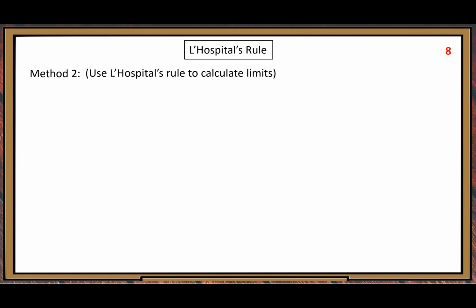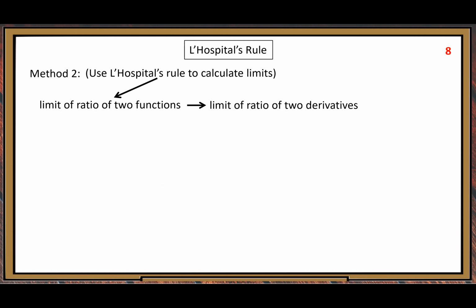So this is method 2, because we compare method 2 with method 1. When we use L'Hopital's rule, the basic method is this: we need to find the limit of the ratio of two original functions.